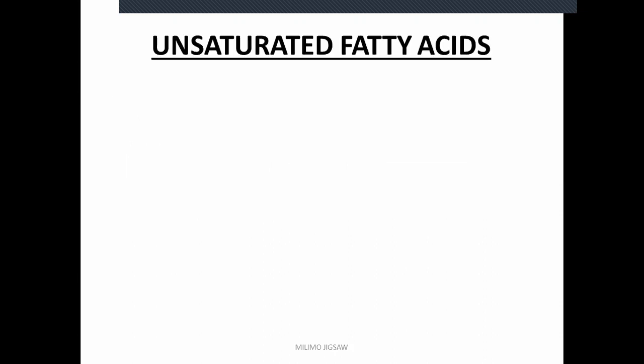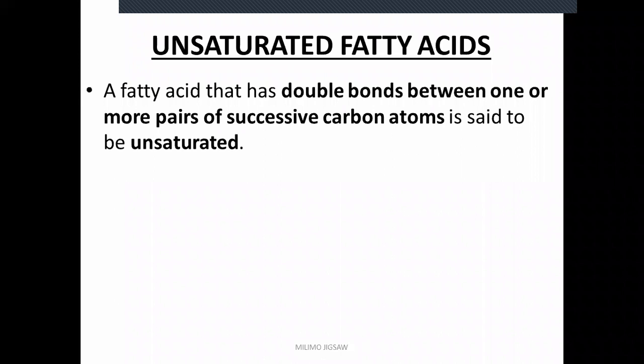When we talk about unsaturated fatty acids, remember saturated ones have the maximum possible number of hydrogen atoms. The unsaturated fatty acids do not have the maximum number of hydrogen atoms. This occurs due to the presence of double bonds.